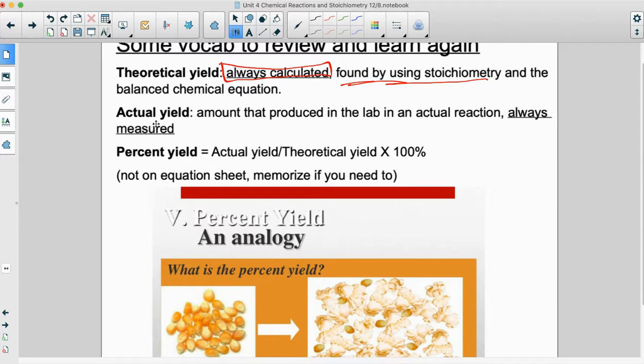The actual yield, on the other hand, is what you produce in the lab in an actual reaction. This is always a measured quantity, the actual yield. So the percent yield is the actual yield over the theoretical yield times 100%. And this is not on the equation sheet. Memorize this if you need to.